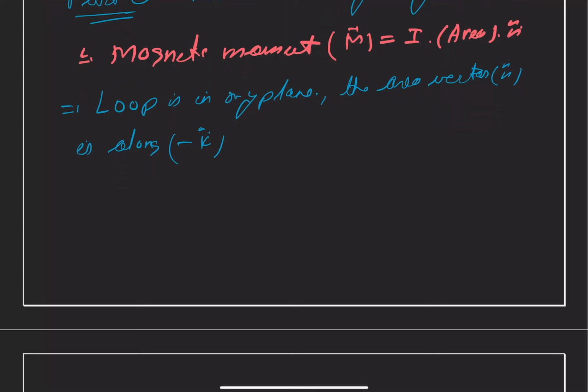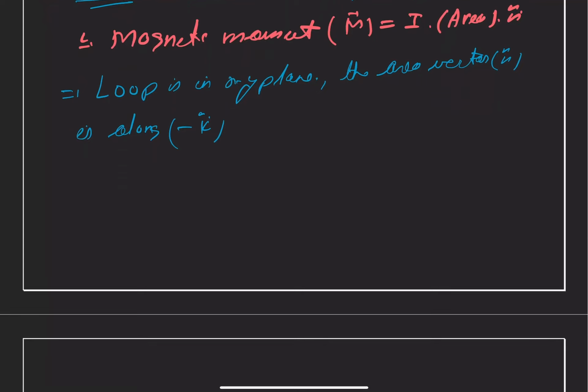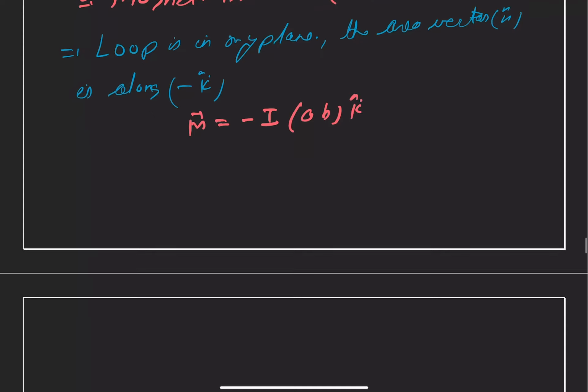Therefore we can write that our magnetic moment will be equal to minus I, and the area will be length multiplied by breadth, with the k unit vector. Based on this we are going to find out the torque.